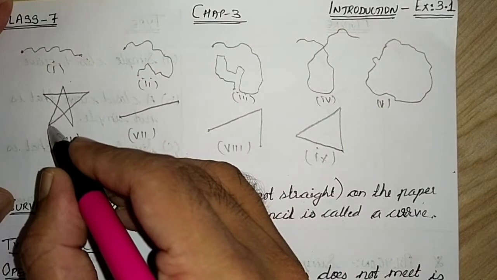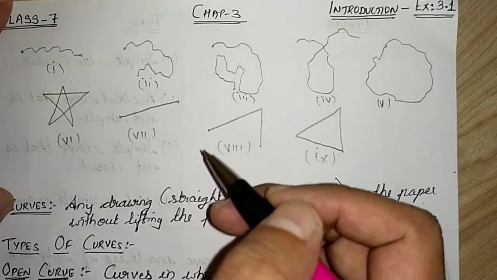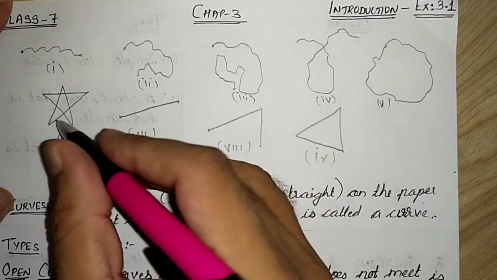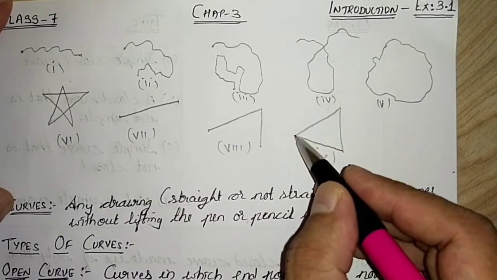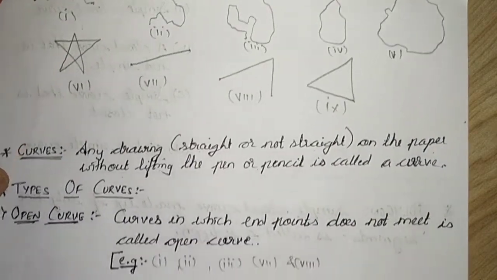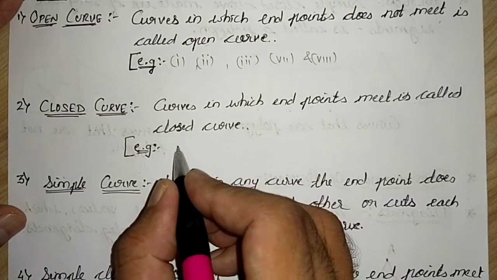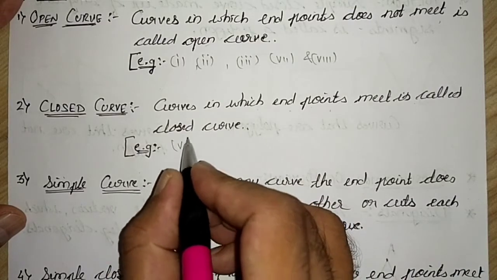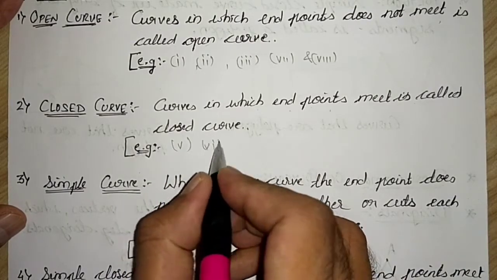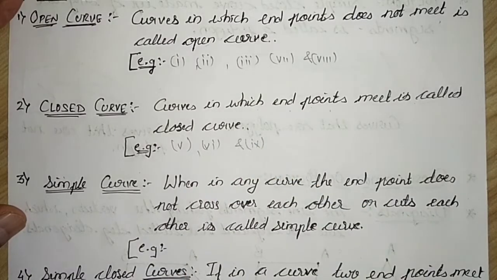Here also in the star I have started like this and the endpoints meet at one single point, so it is a closed curve. Here while making the triangle also it is a closed curve. So I can say figure number 5, 6 and 9 are closed curves.